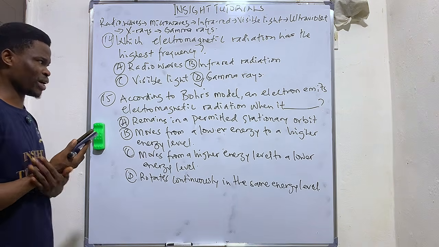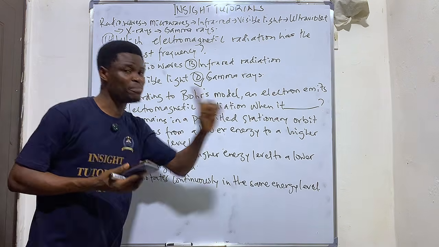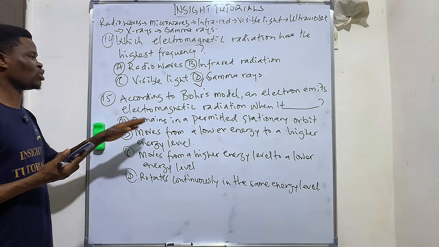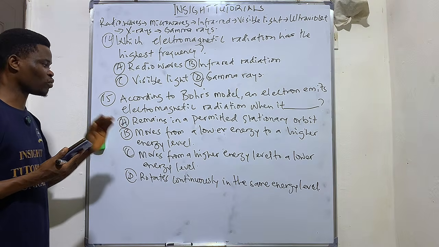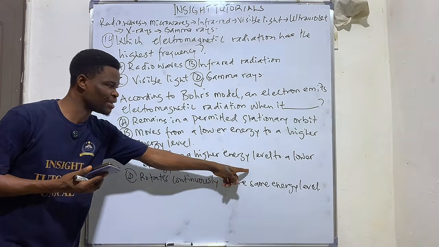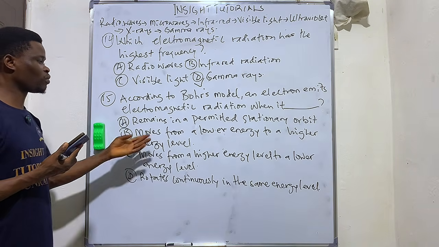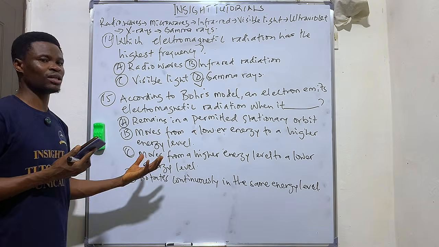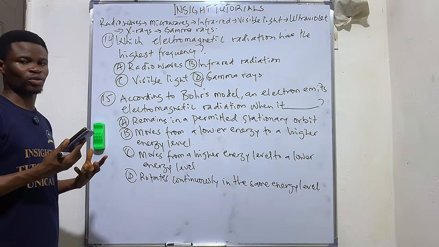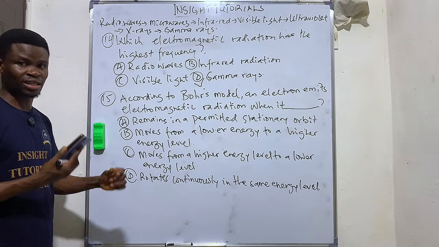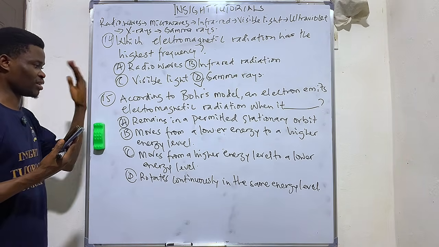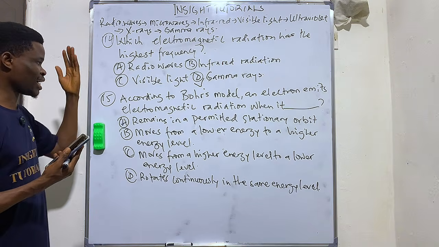According to Bohr's model, an electron only emits electromagnetic radiation when it moves from a higher level to a lower energy level. If it moves from a lower energy level to a higher energy level, it's actually absorbing photon energy. It is not releasing it, it's absorbing it so that it can increase in terms of its ascension.